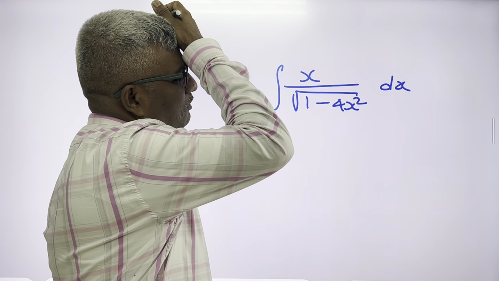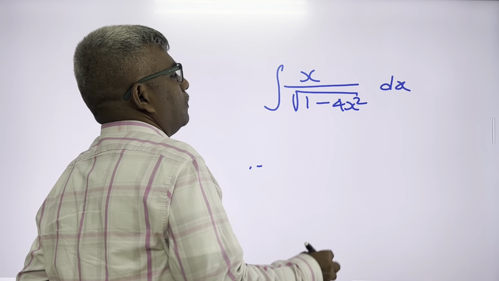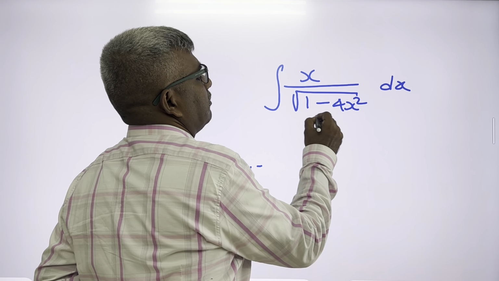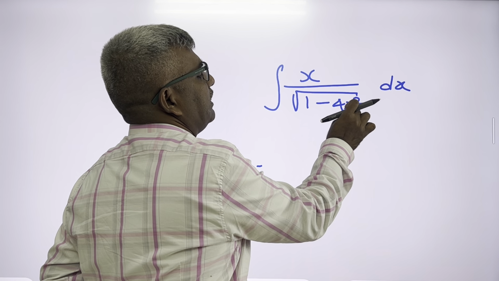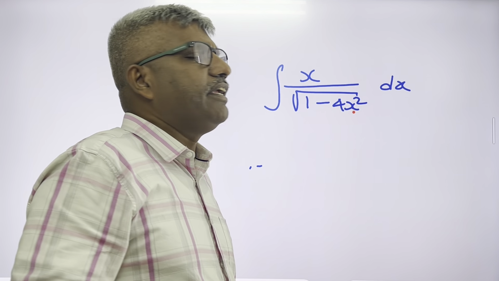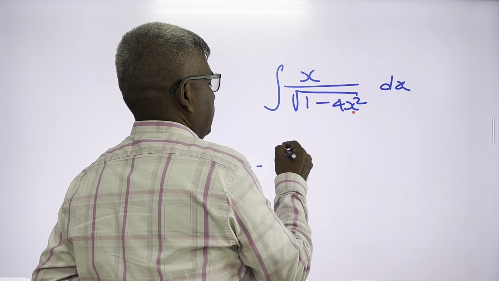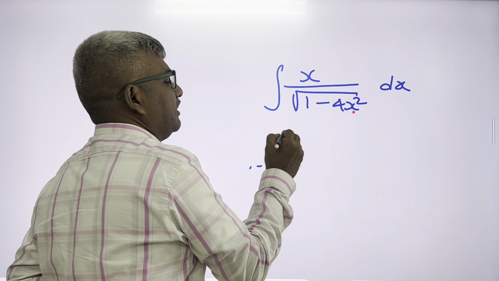It is a different kind of problem. How to do it? You notice there are two functions. Here if you differentiate 4x squared, 8x will come. So what can we do? There x is there, so we can rearrange a little.